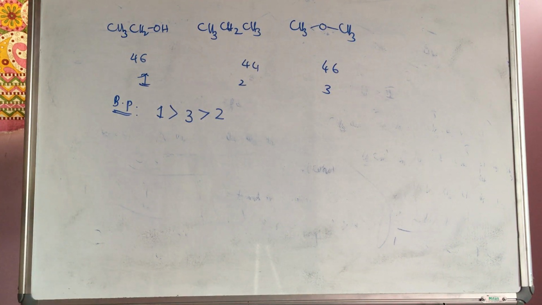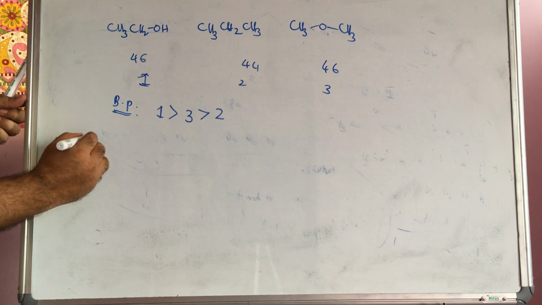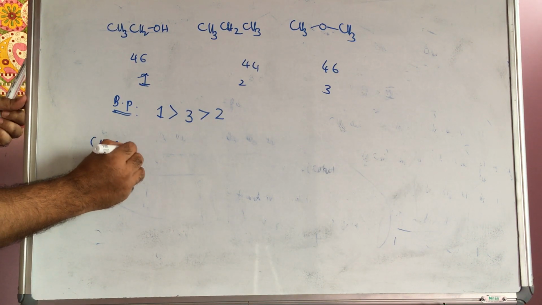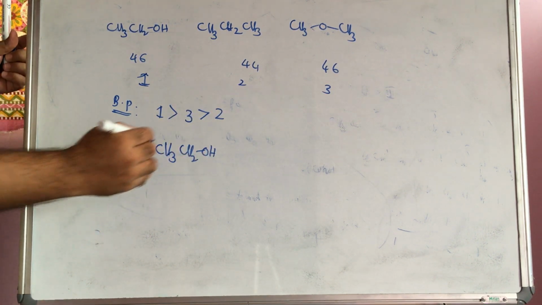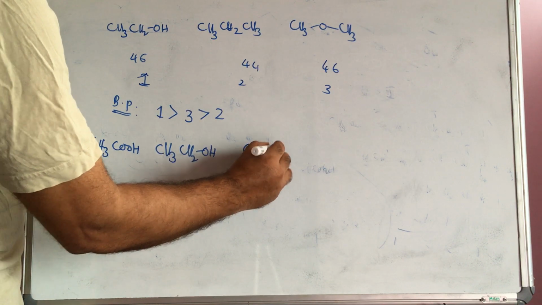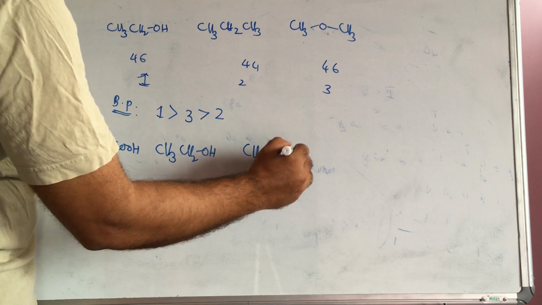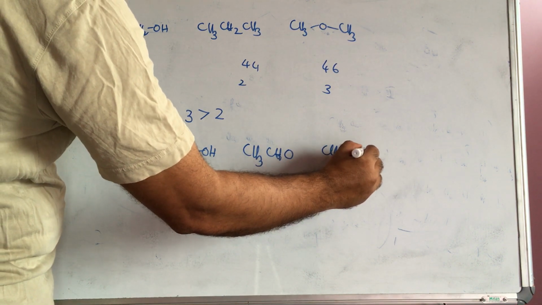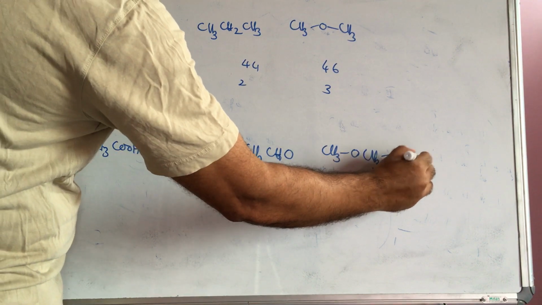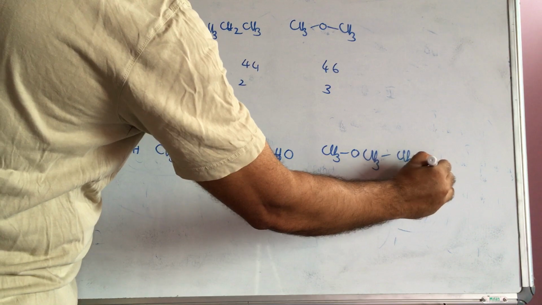If you compare with the haloalkanes also, now we'll take one example or generalize: CH3COOH, CH3CH2OH, CH3CHO, and next CH3COCH3 and CH3CH2CH3.